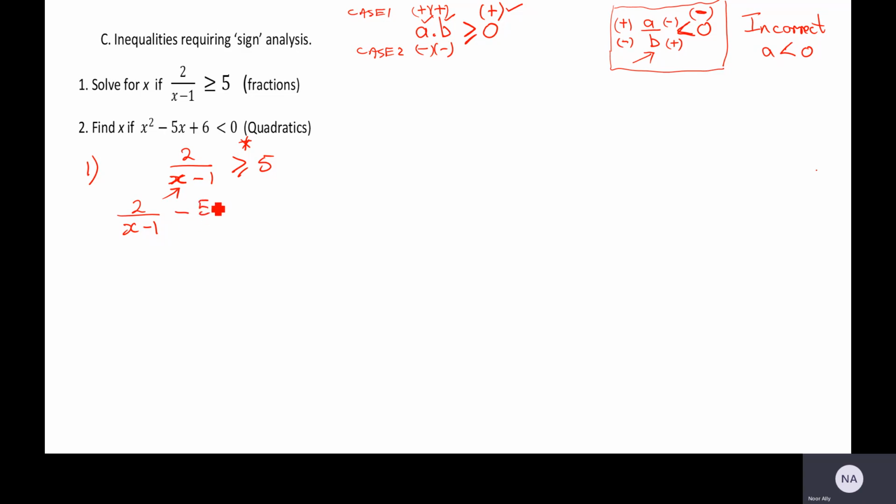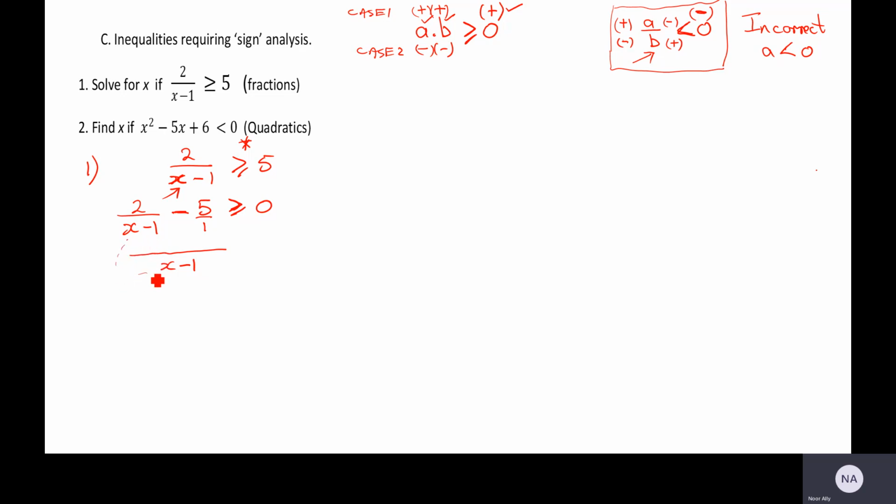You transpose so that the right-hand side remains 0. Then what do you do with the left-hand side? You find the LCD but write it in. So you're subtracting two fractions. That will be 5 over 1.